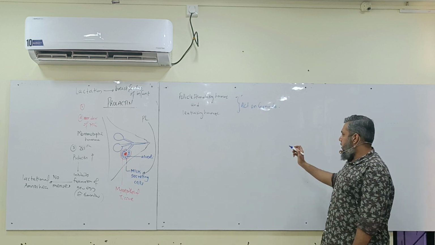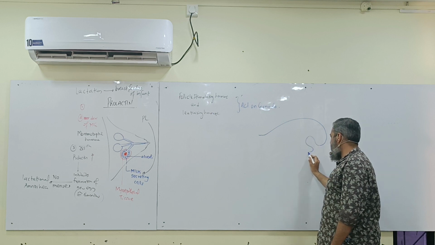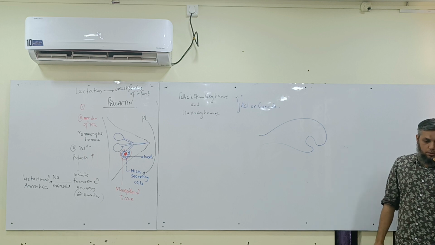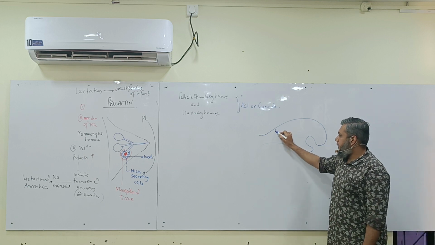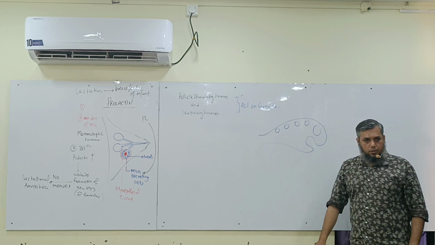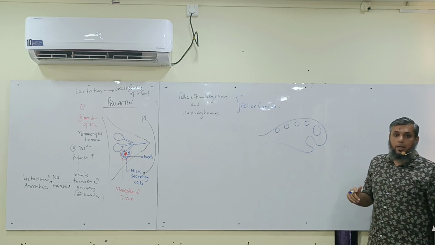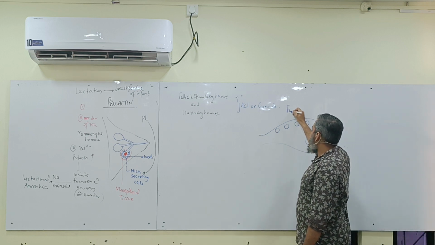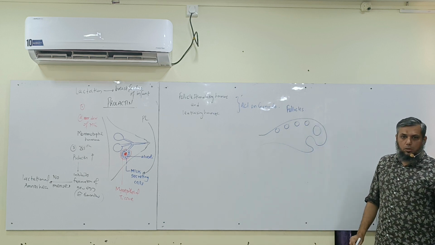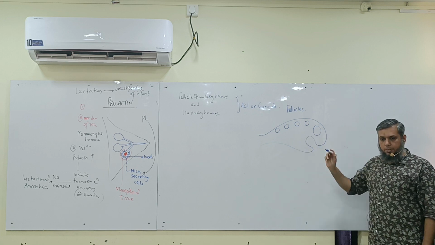Now, kids, the majority of the part is going to be covered in human reproduction. Only a little bit I want to tell you now. This is a female ovary, and inside there is development of some structures. Cells are developing inside. These are called follicles. In 12th their names will come: primary, secondary, tertiary, Graafian, all the names will come.